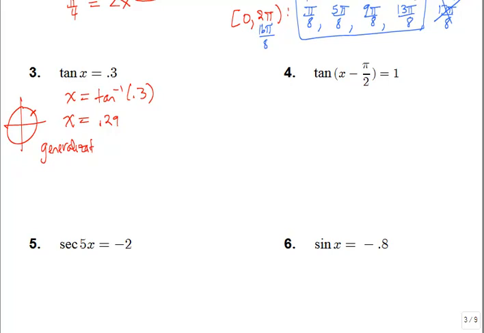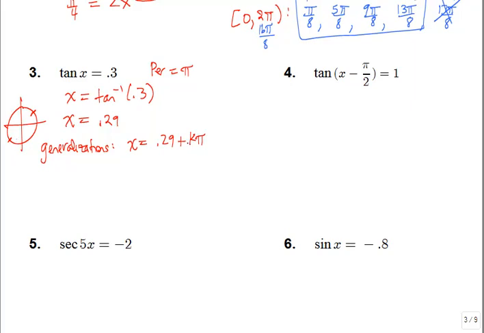So all of my infinite number of solutions, and that's going to look like this base angle, and I'm only using the one value because this is a tangent again, and the period of tangent is pi. So by taking that 0.29 and adding on a k pi on the side, we're also going to get the answer that would exist in quadrant 3 as well.